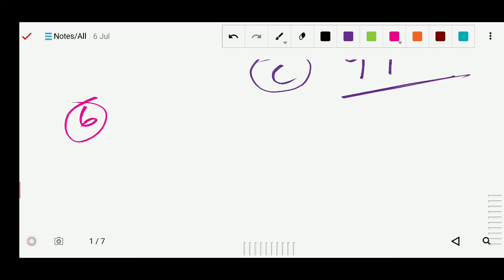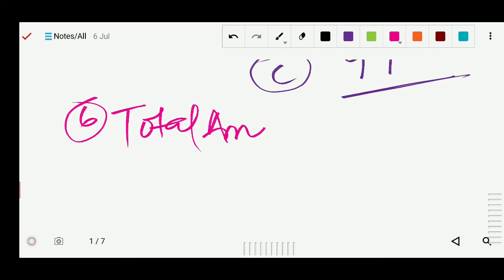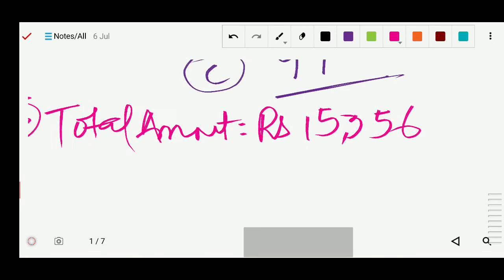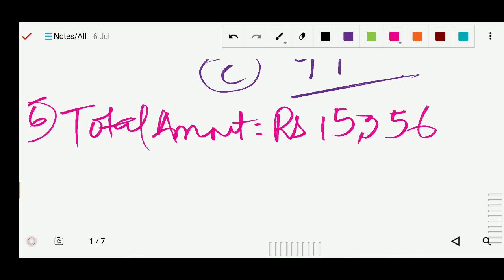Pankaj has a total of rupees 15,356 with him. Now he deposited, meaning he added more money. So the deposited money we will add to this total.